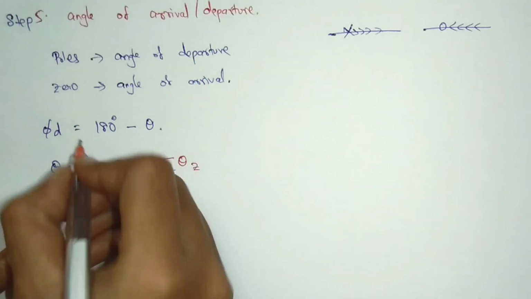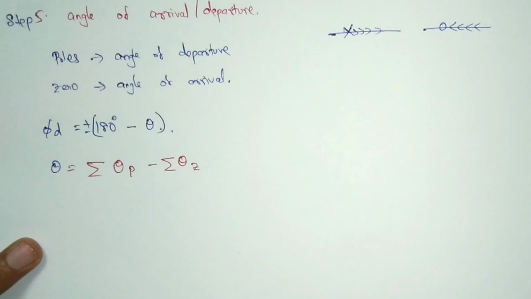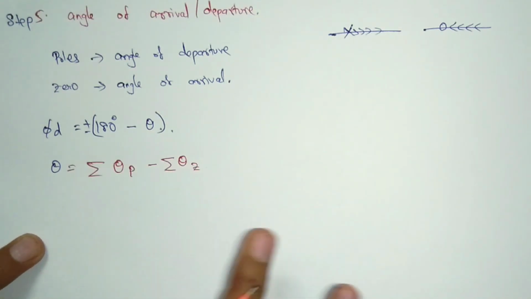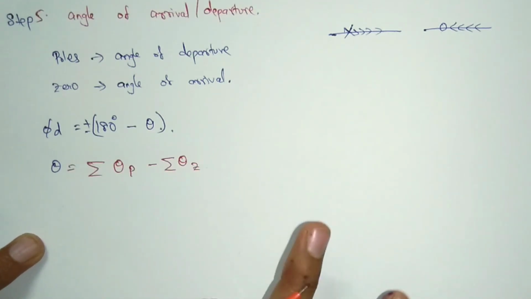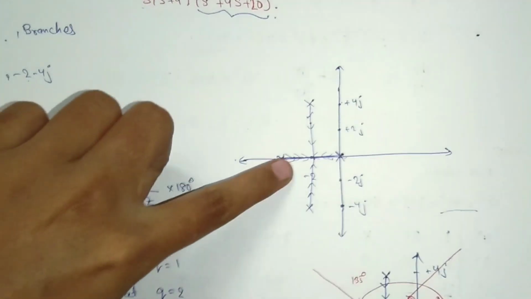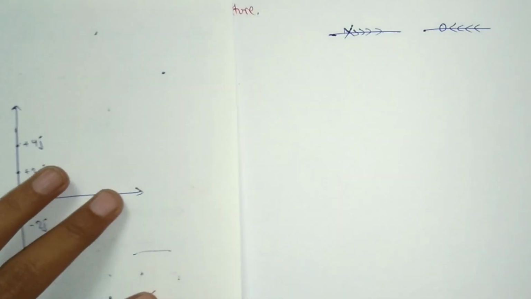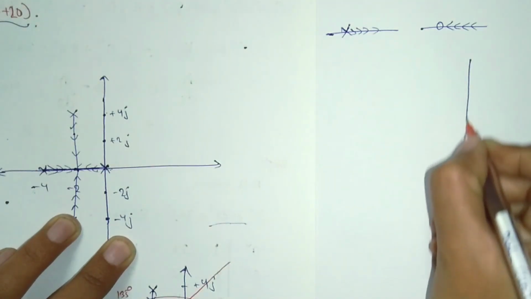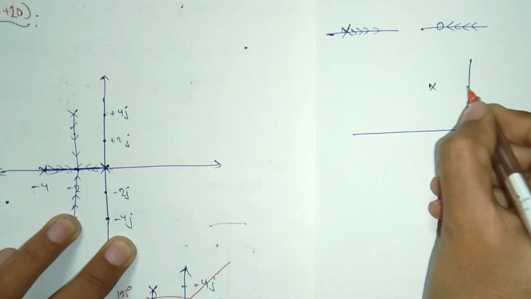To calculate theta p and theta z, we have to consider the diagram which we drew previously. This is the diagram, and now we will draw it again. Draw like this. There is a pole.